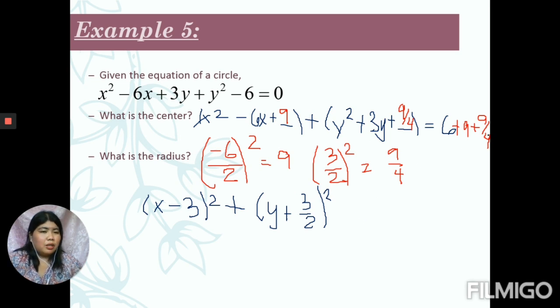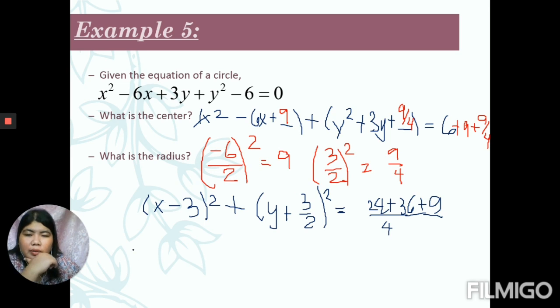Then, this one, pag sama-samahin nyo lang, hindi pa natin siya pwedeng i-add kasi fraction. So, ang denominator natin ay 4. I-times na lang sa kanila para maging over 4 sila lahat. 4 times 6, 24, plus 4 times 9, 36, plus 9.